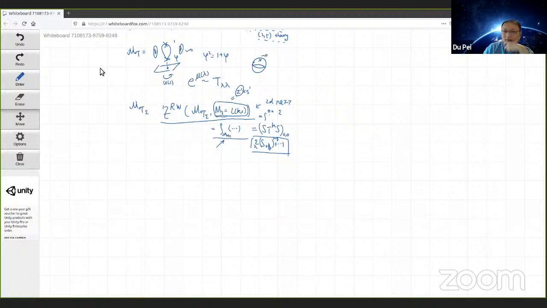And here there is some field that develops a singularity that takes the form of, I think, z cubed dz.